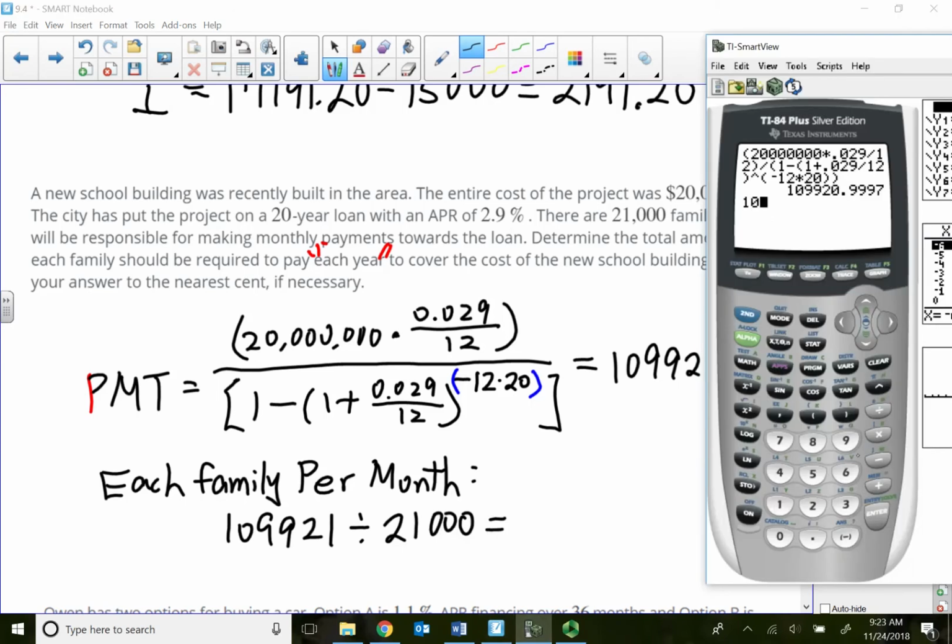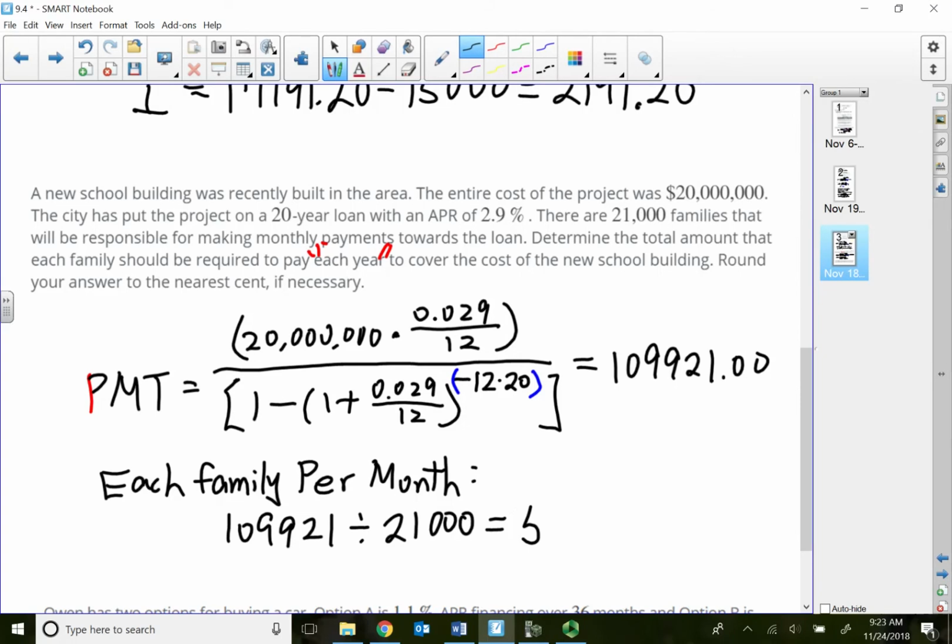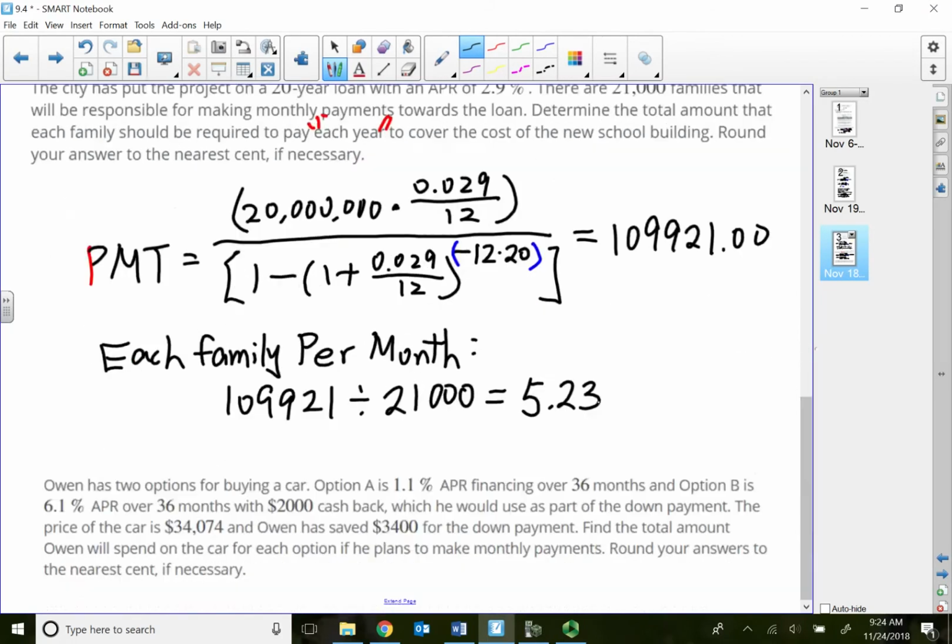So $109,921 divided by 21,000. Each family is responsible for $5.23. So this is one family per month.